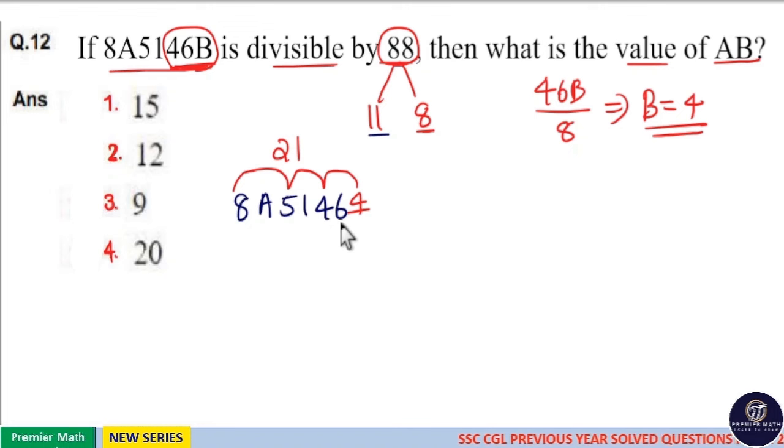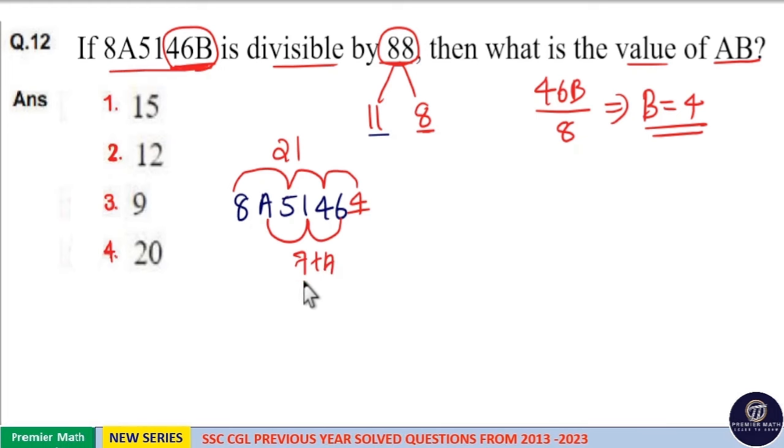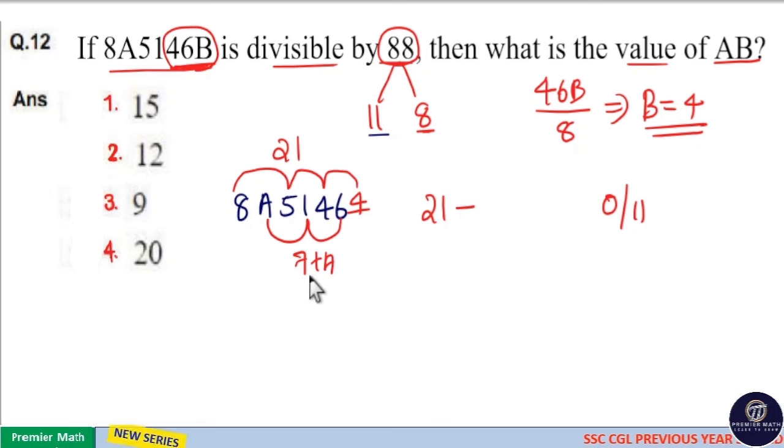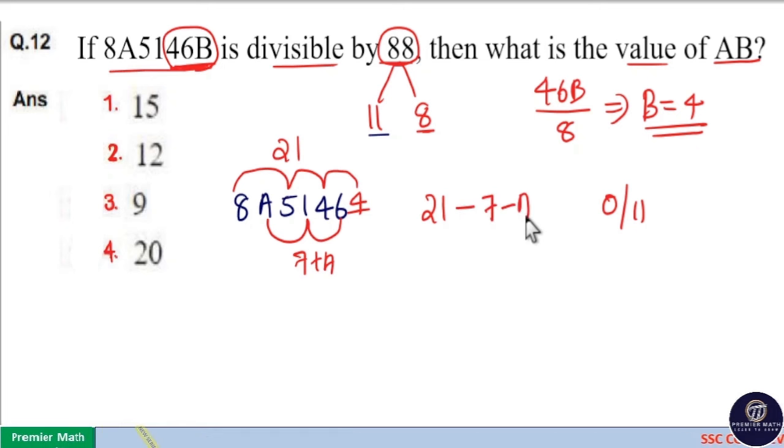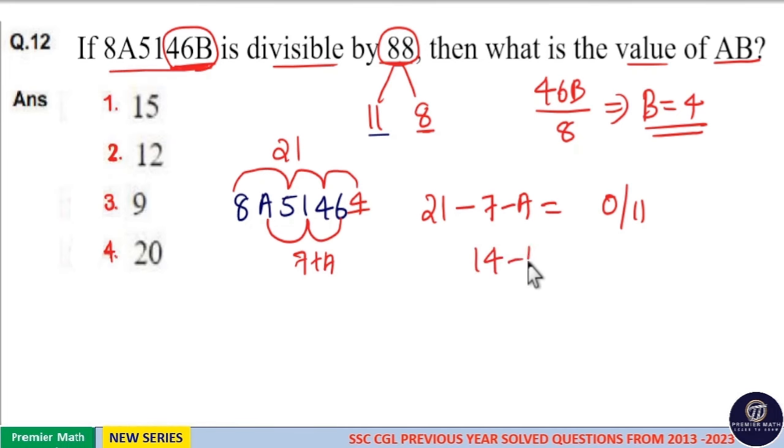Now take the even place sum. 6 plus 1 is 7. 7 plus A is the even place sum. Now take the difference between odd place sum and even place sum. It should be 0 or 11. That is here 21 minus (7 plus A). 21 minus 7 plus A means 21 minus 7 minus A should be 0 or 11. 21 minus 7 is 14. 14 minus A should be 0 or 11.